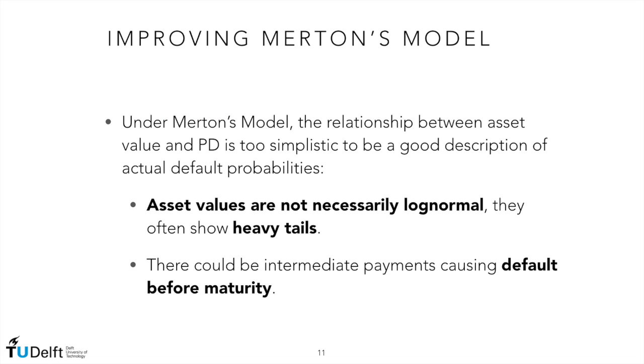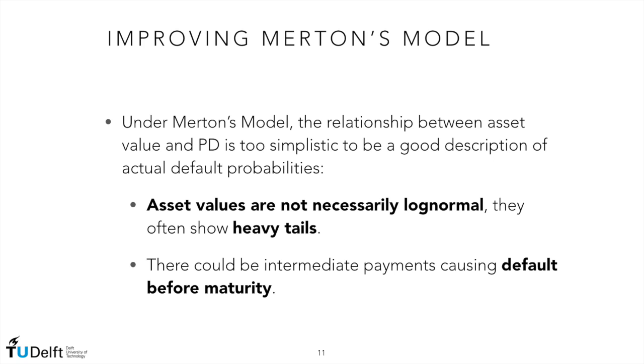As said, Moody's KMV tries to overcome some of the weaknesses of Merton's model. For example, the idea that default can only happen at maturity. This is a quite strong assumption. In Moody's KMV, this is not true. We are considering the possibility of intermediate default.